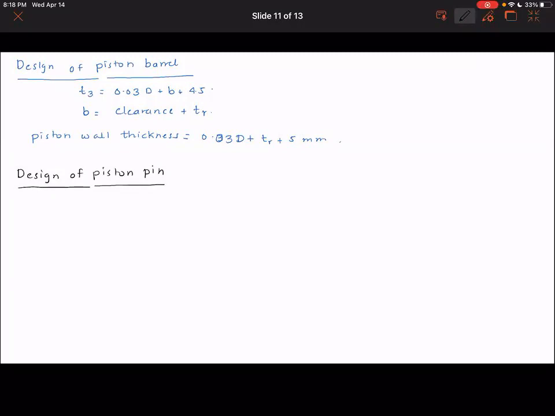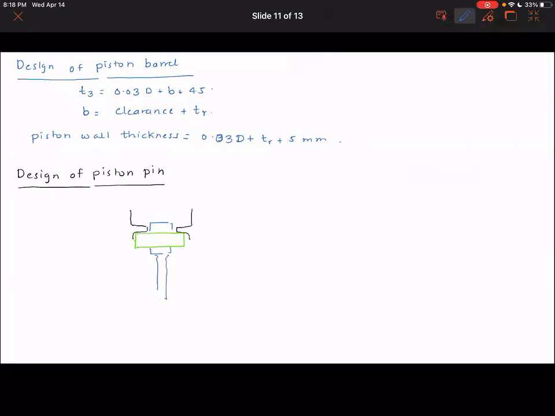If you look at the piston, you have this pin that fits over here, and on the other side of the pin, you have the connecting rod.